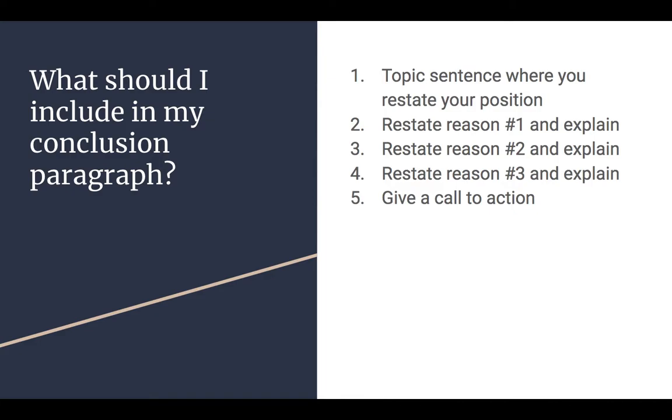The fourth sentence will, sorry, restate the third reason for your argument and then explain. And these are the ones that you were supposed to do in your body paragraphs, so you're just kind of grabbing from there. And then lastly, you will give a call to action, which is a sentence where you ask the audience to do something about your issue. And like I said, I will have an example of how to do that.